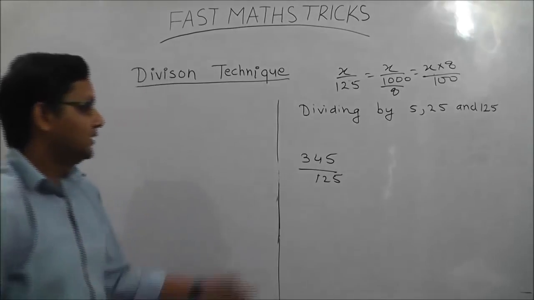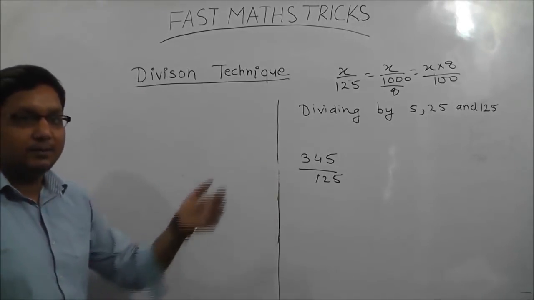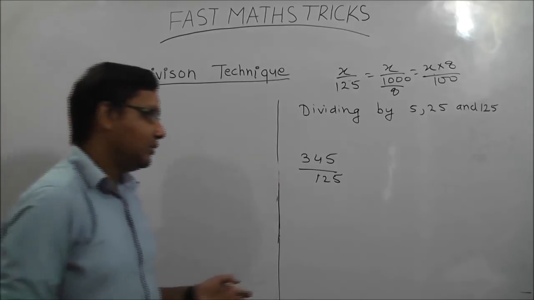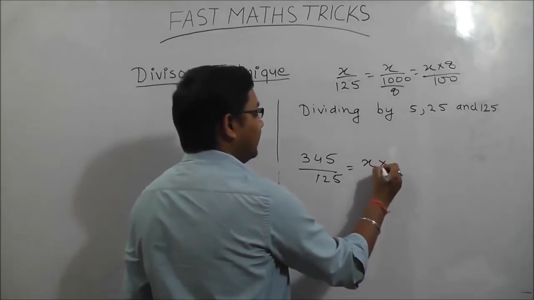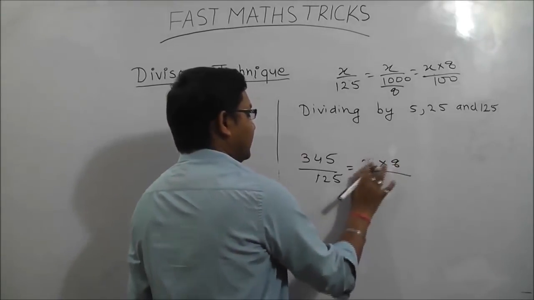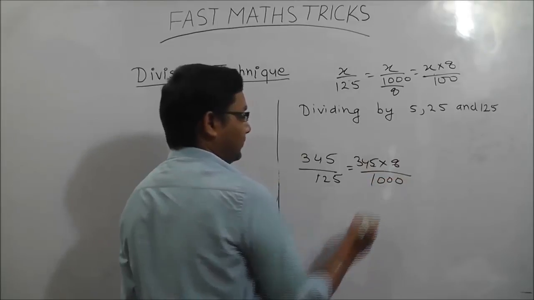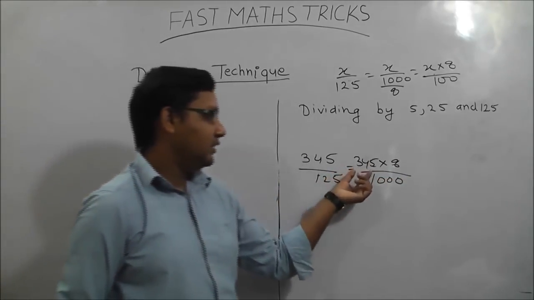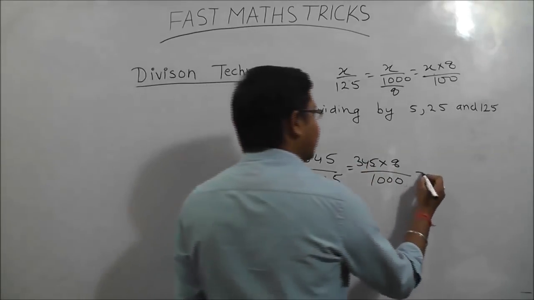It looks very difficult, because if you go on dividing by writing in your usual way, it will take your time. So first multiply it by 8 and then divide it by 1000. So 345 into 8, how much will you get?